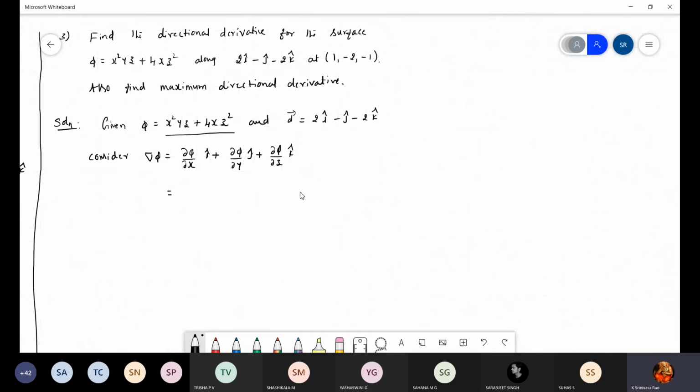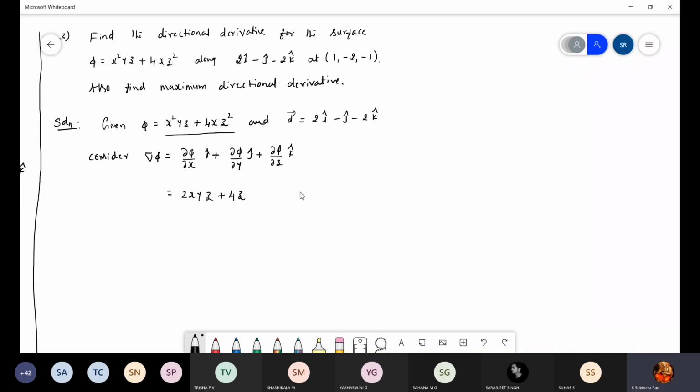So phi with respect to x. Like the previous two problems, you can substitute, which is one more step. So I will differentiate directly. If you are understanding the concept, you can differentiate directly because phi is written already. Partially with respect to x: 2x yz plus 4z square.